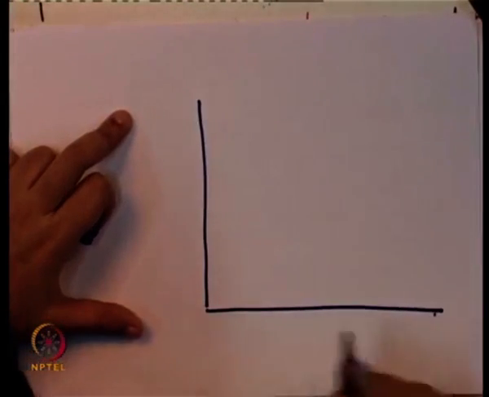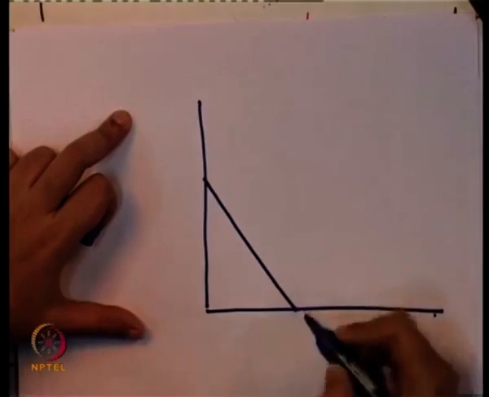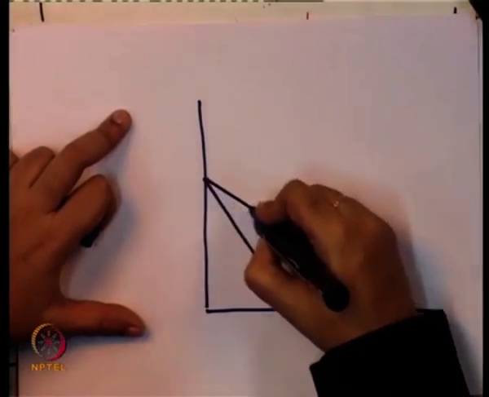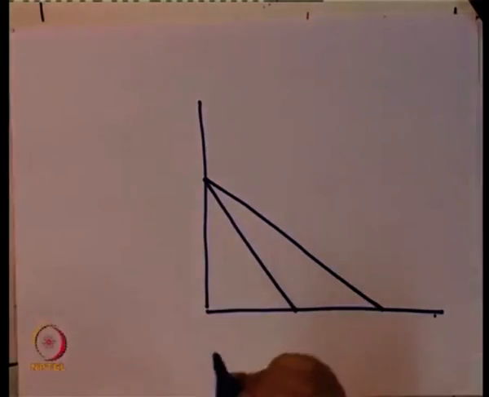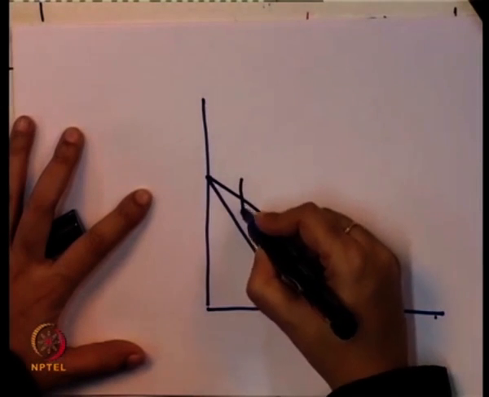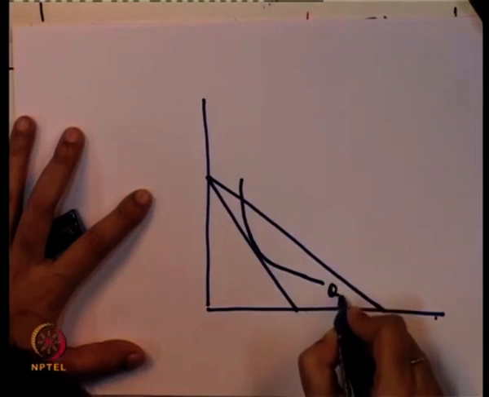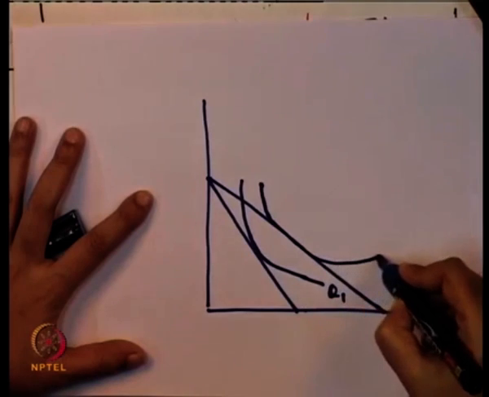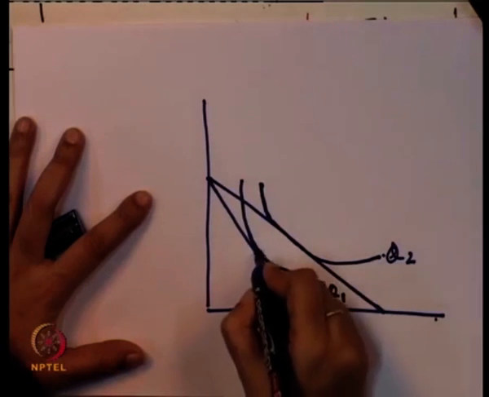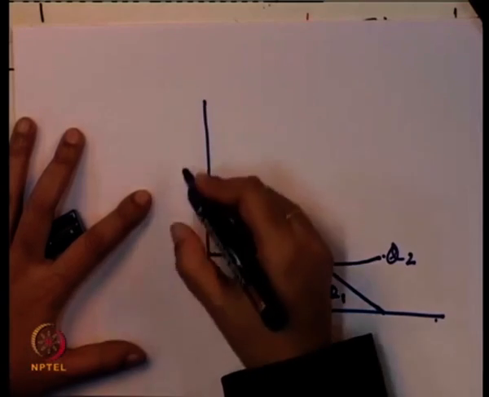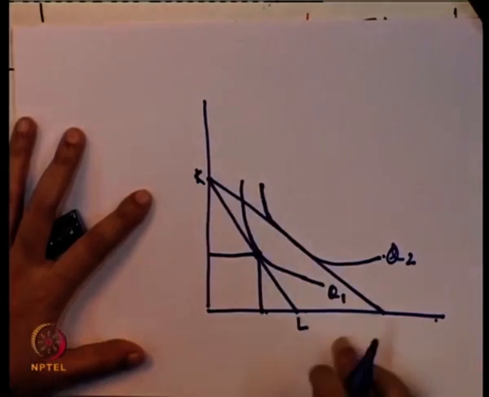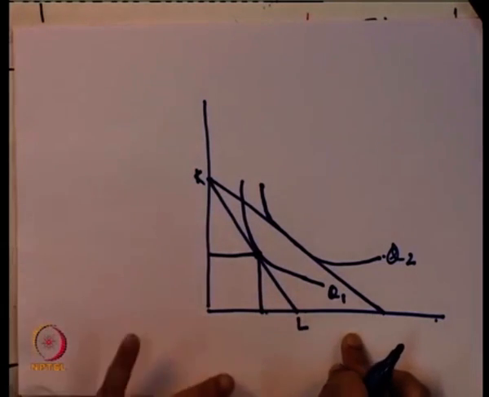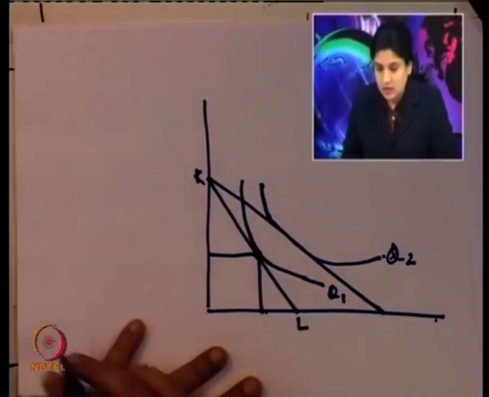Initially, KL is the isocost, Q1 is the isoquant, and this is the level of output.